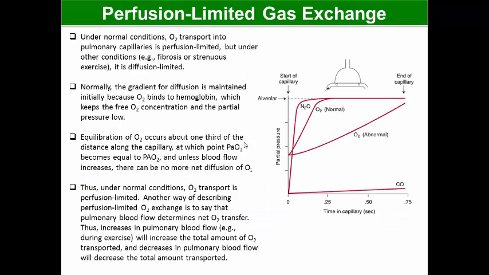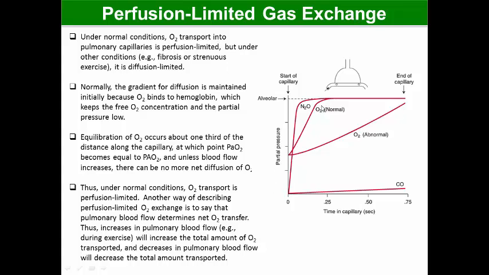Now, this is the transport of oxygen. Again, I'm repeating this. This is the transport of oxygen across the respiratory membrane, and the exchange or the transport of oxygen across the respiratory membrane is described as perfusion limited. However, this is the norm.